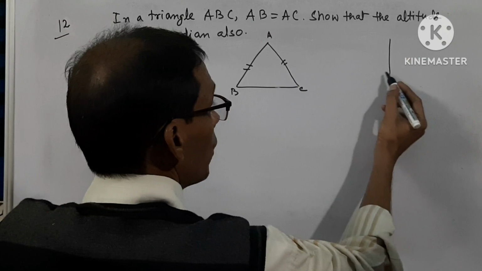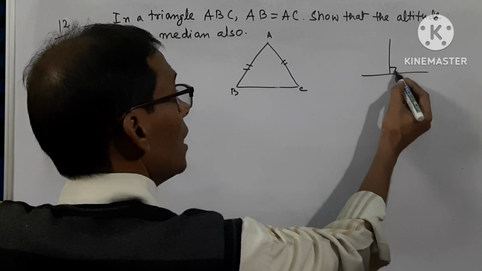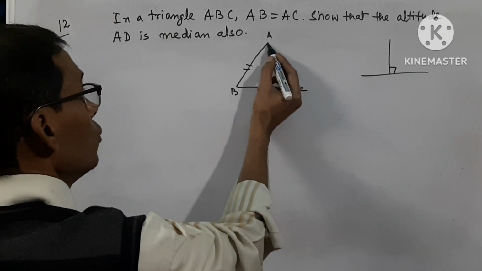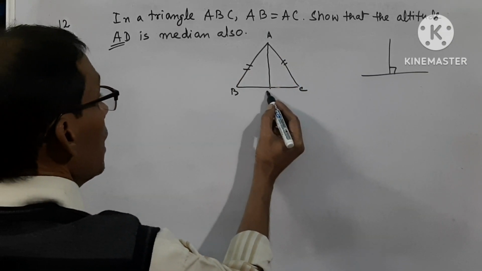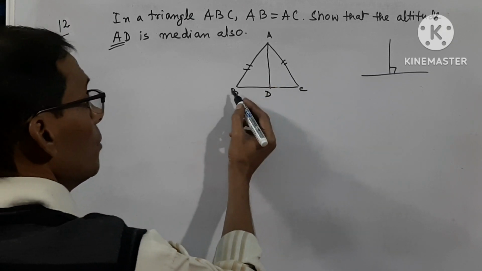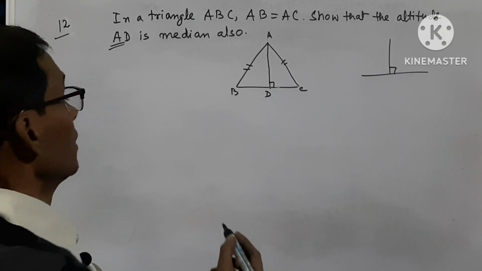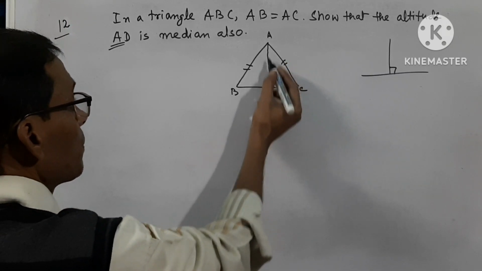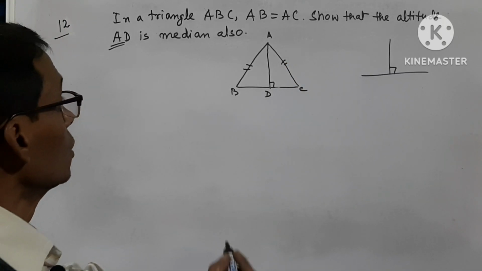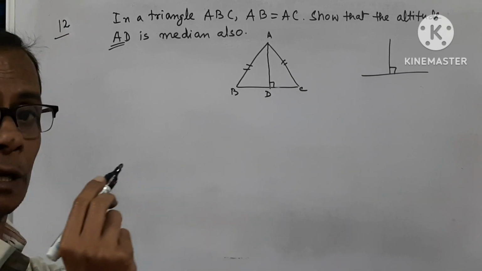Altitude means whatever is making the 90 degree. We are given AD perpendicular to BC. So this angle is 90 degree because it is given as an altitude.